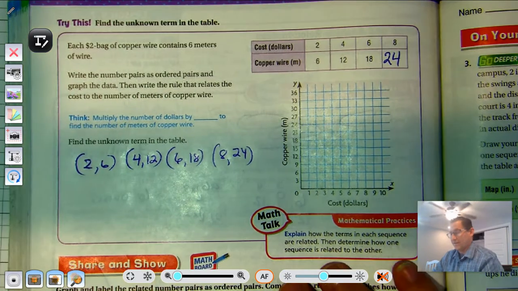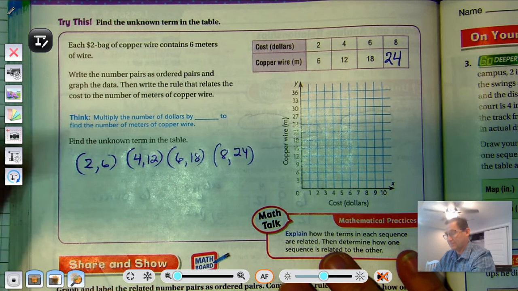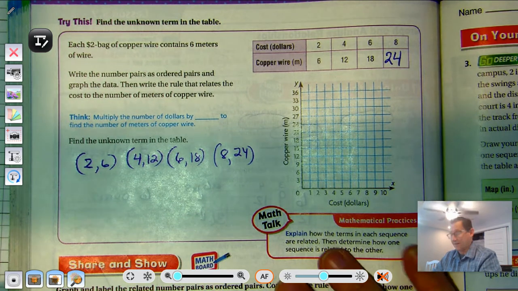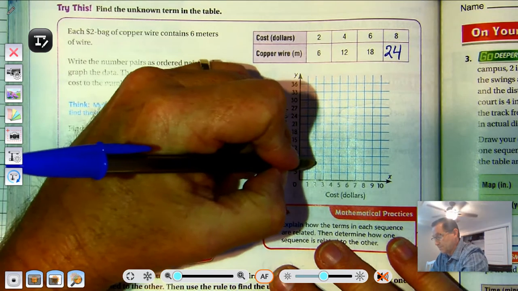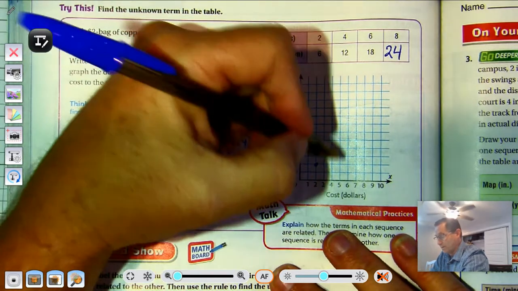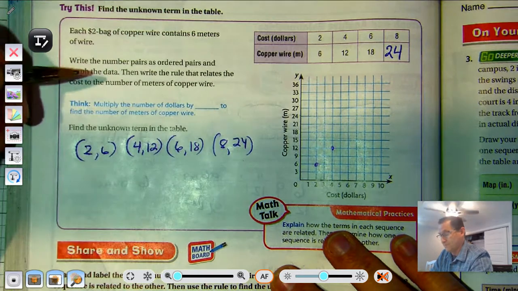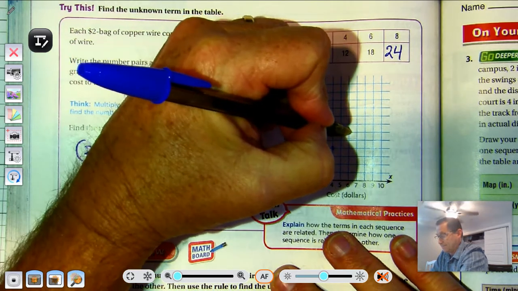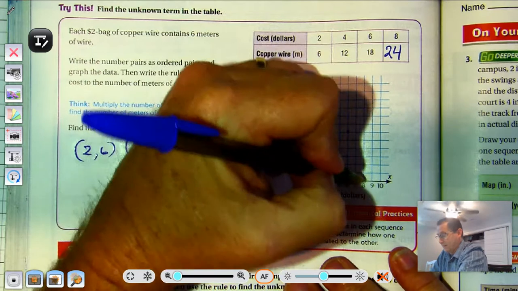So now we can graph these to figure out the rule. So let's see. Over 2, up 6. Over 4, up 12. Over 6, up 18. Over 8, up 24.